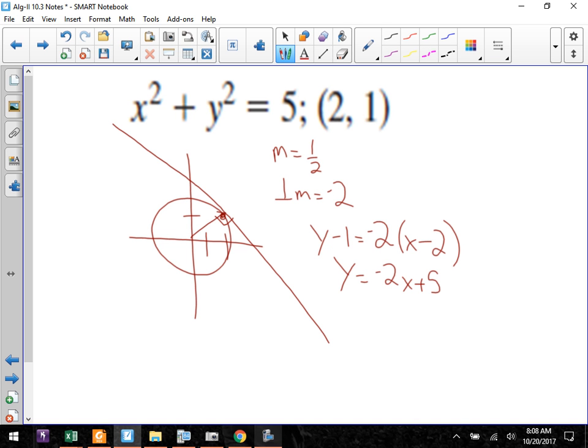It's just dumb luck. Now, this will get more complicated, believe it or not, once you start putting circles not centered at the origin. You might actually have to find the slope then.